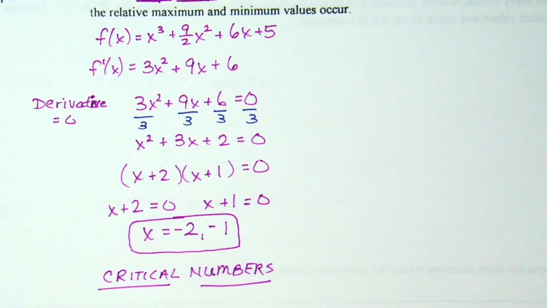What do we know is happening at negative 2 and negative 1 if they are critical numbers? Okay, sharp point or mins or maxes. In this case, we're going to be talking mins or maxes. Do you know if there's a min or a max at negative 2? Do you know if it's a min or a max at negative 1? We don't necessarily know that, do we?